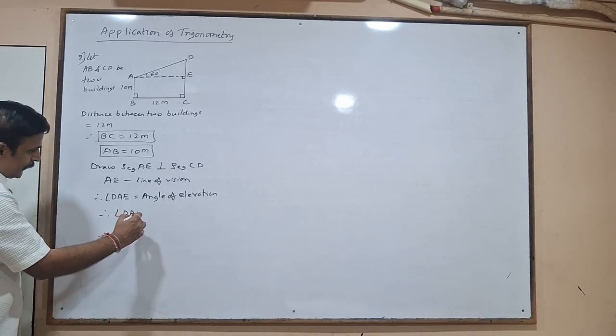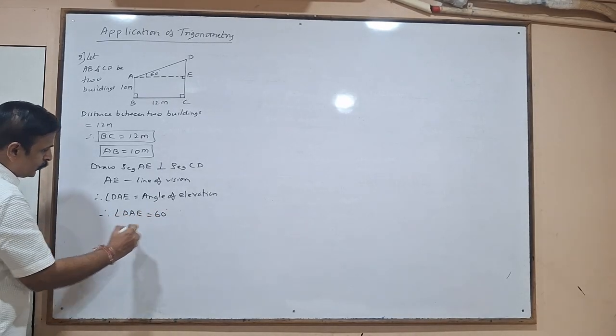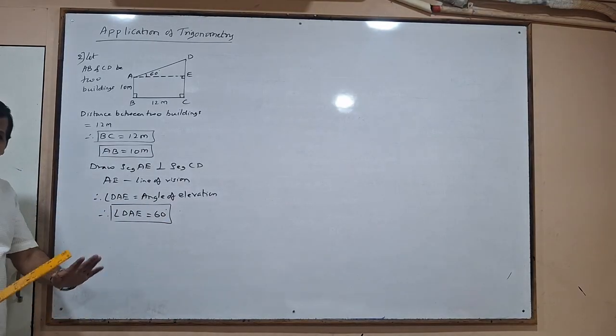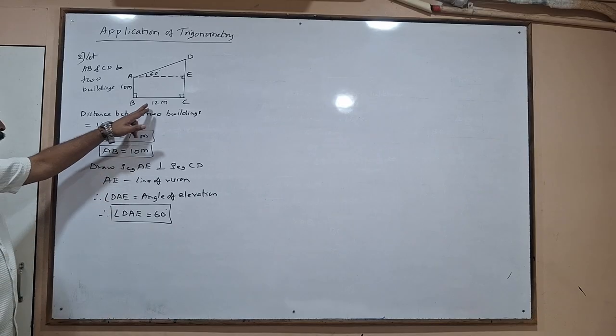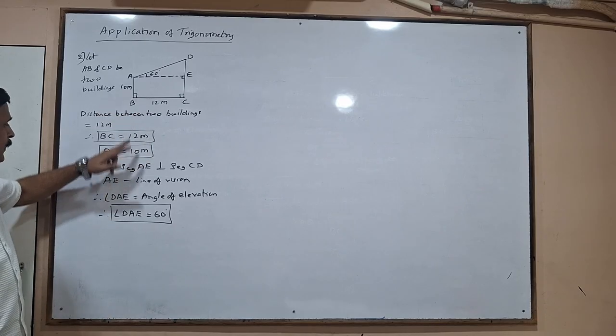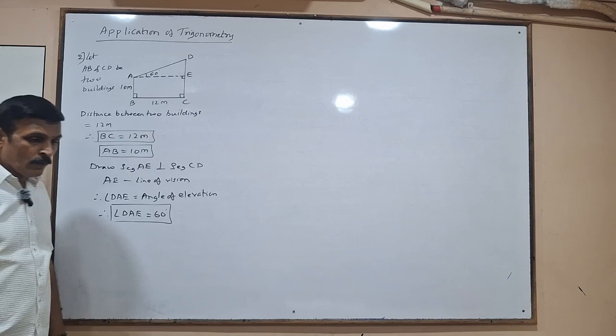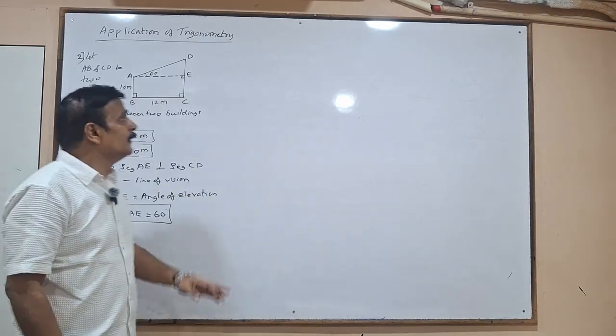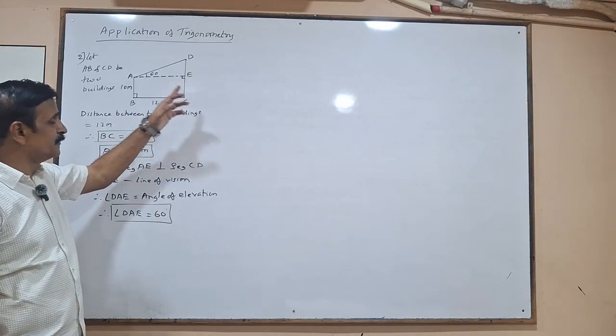Therefore, angle DAE is equal to 60 degrees. So whatever we know is stated. We know BC, we know AB, we know the angle. What do we want to calculate? The height of the second building. I want CD, the height of the second building.